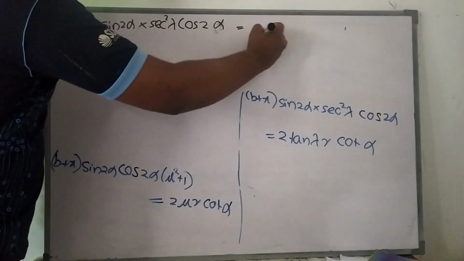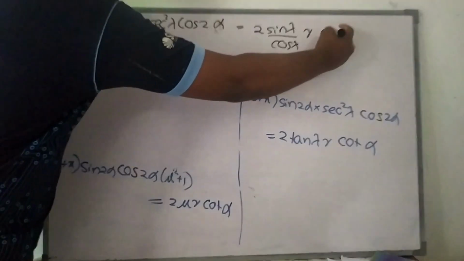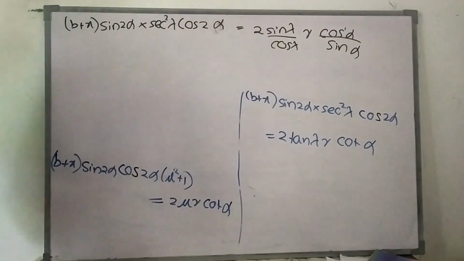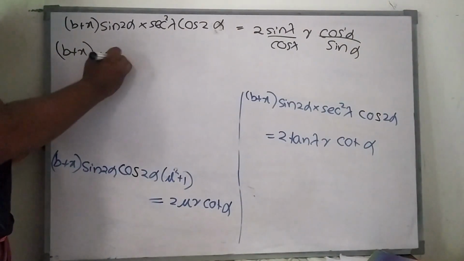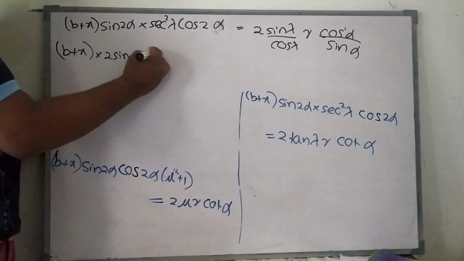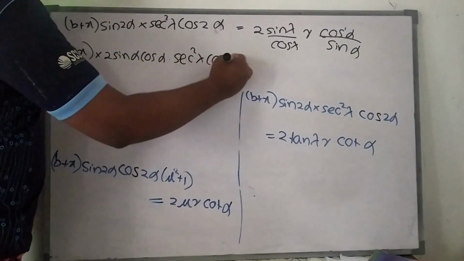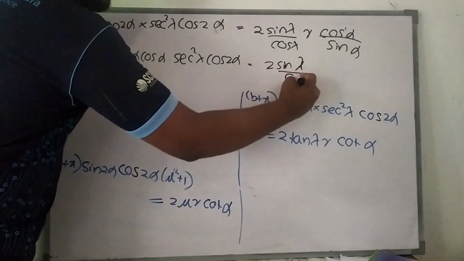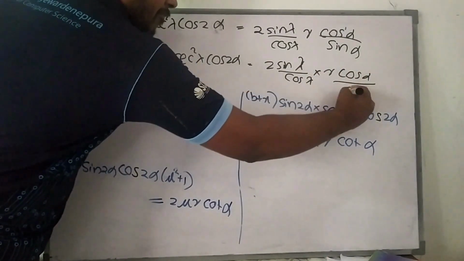2 sine over cos into r cos over sine. Sine 2 alpha means 2 sine alpha cos alpha, right? So I'm just simplifying it.